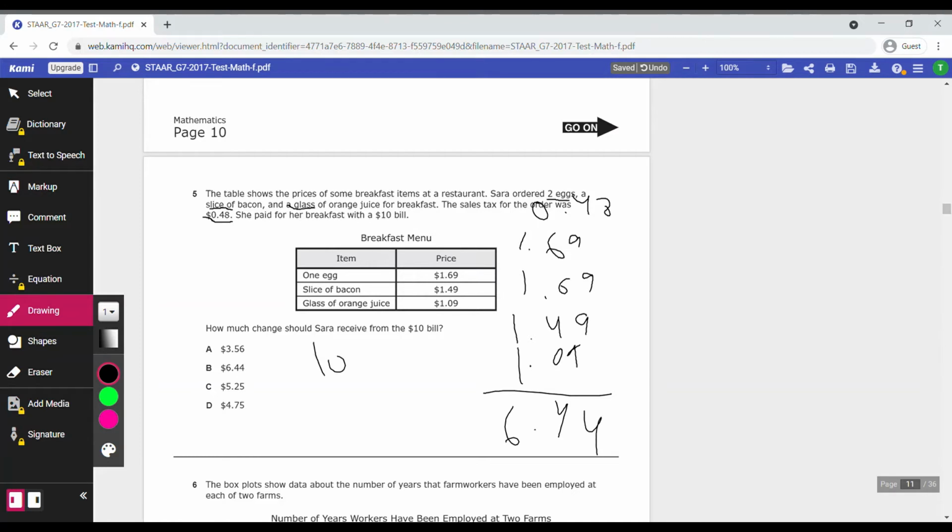Then you would do 10 minus 6.44, and you should get 3.56. That would be your change, because the 6.44 is the total cost of your whole bill, and it's asking how much change you would receive after you give a $10 bill.